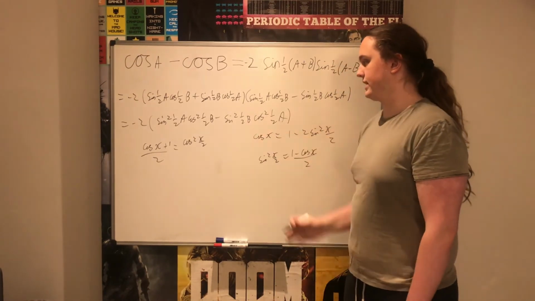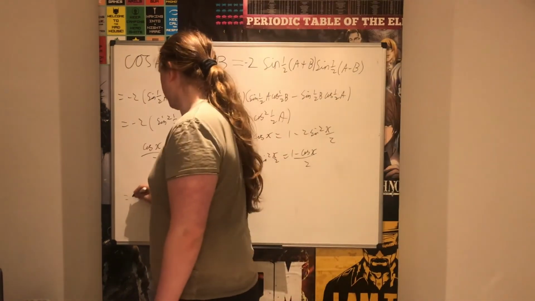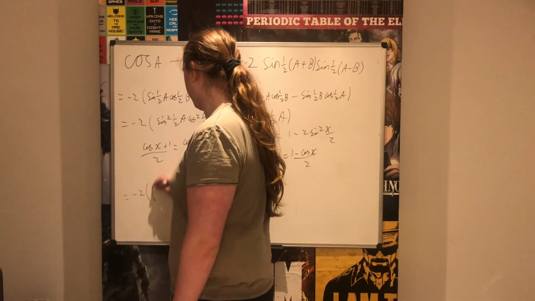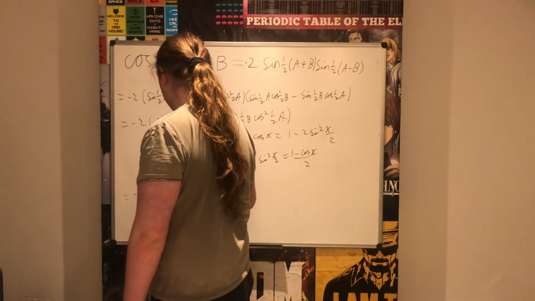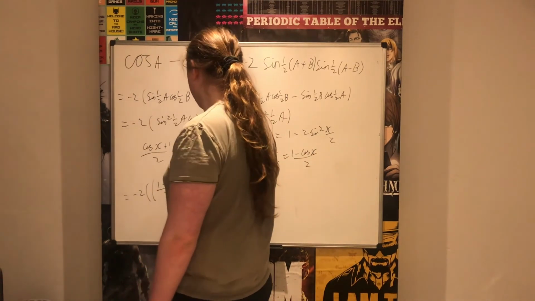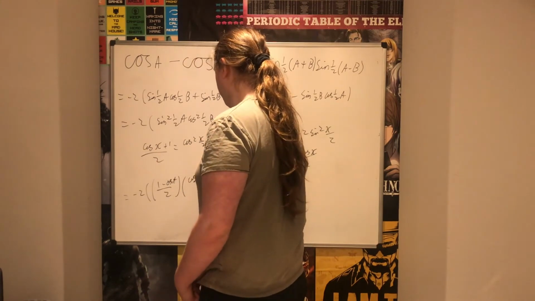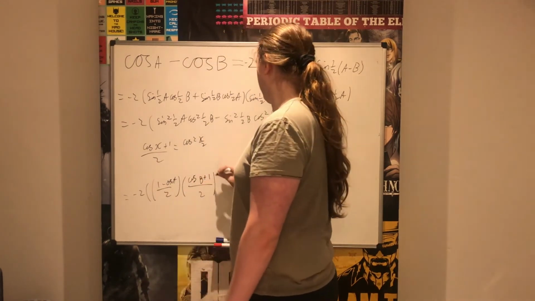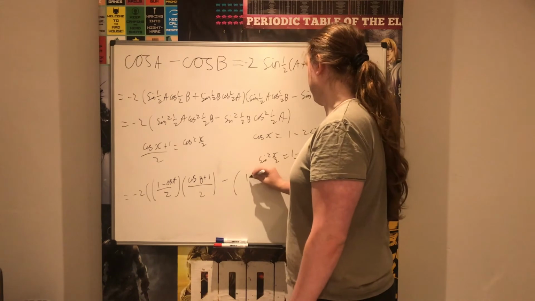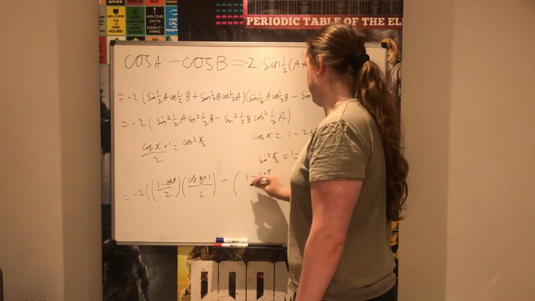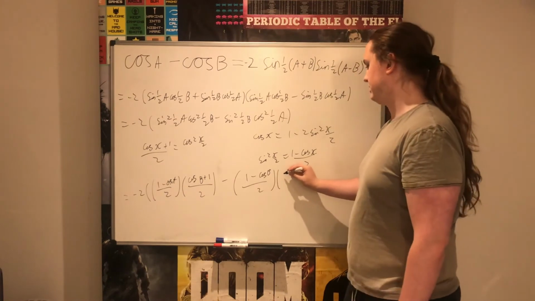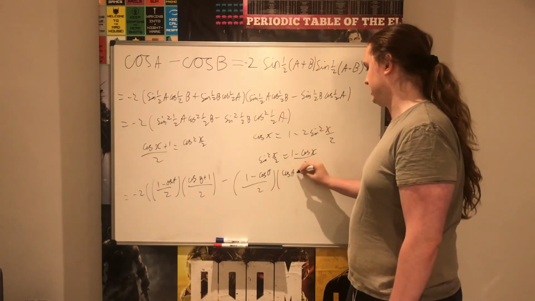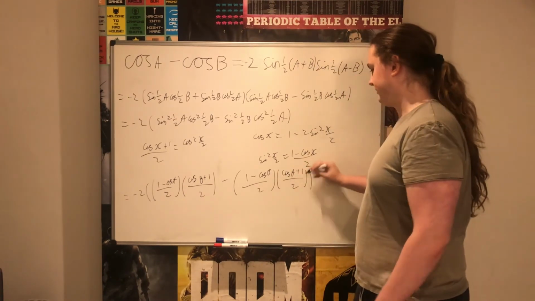So substituting that in here gives us minus 2 times, so this first term will be 1 minus cos a over 2, and then multiplied by cos b plus 1 over 2, minus 1 minus cos b over 2 times cos a plus 1 over 2.